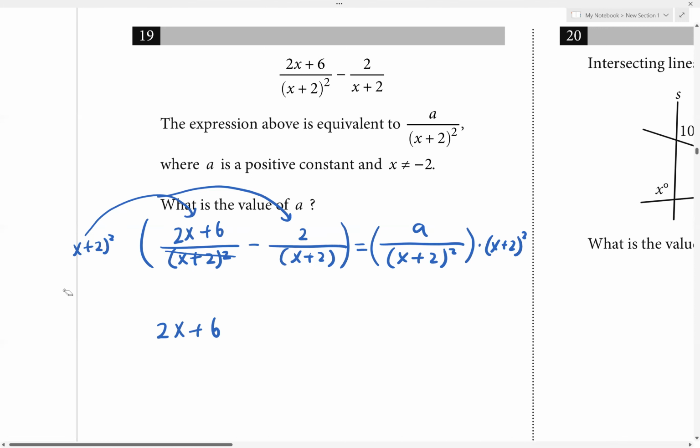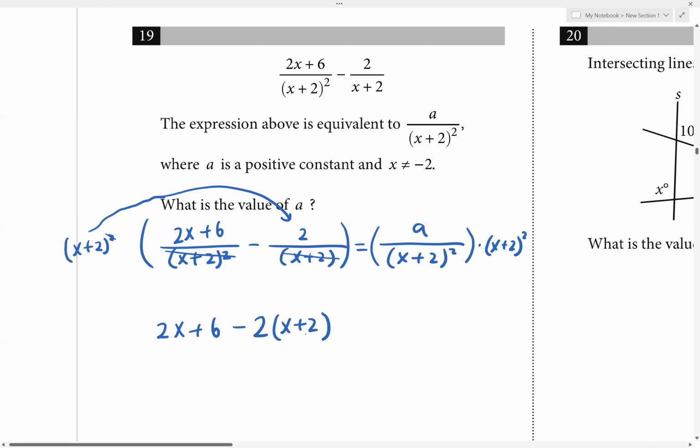For the second fraction, we multiply by (x plus 2) squared. See what happens: x plus 2 will cancel, but we have two of them, so only one of them cancels. We still have an x plus 2 left. So for the second term, we have the negative 2 that we already had, times the leftover x plus 2, so -2 times (x plus 2).